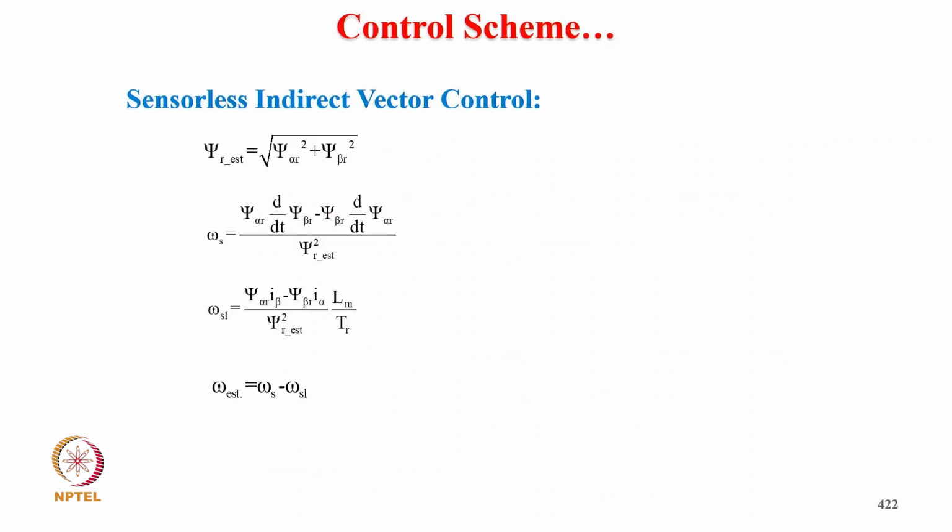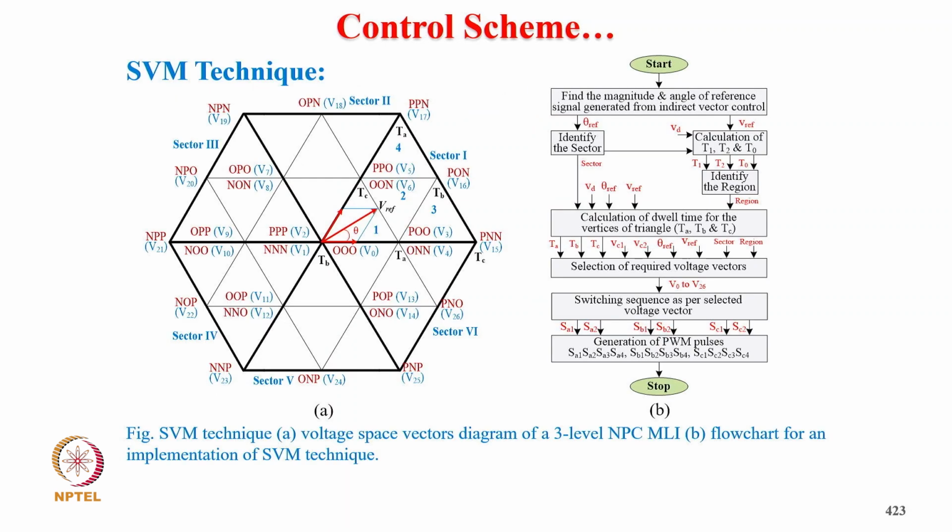Typically phi r est equal to the square root of phi alpha r square plus phi beta r square, and omega is equal to Lr d upon dt, phi beta r into d phi alpha r upon dt minus phi alpha r into d phi beta r upon dt, divided by phi r square estimated, and omega SL equal to phi alpha r I beta minus phi beta r I alpha, into Lm Rr upon Lr, divided by phi r est square, and omega est equal to omega s minus omega SL.